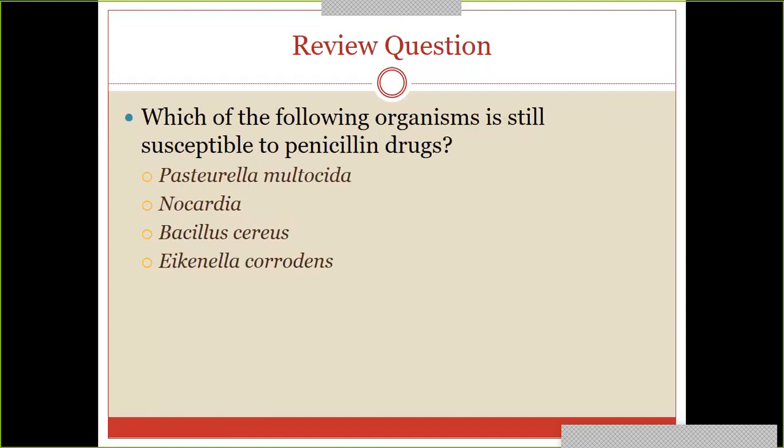Actually, Eikenella corrodens is still susceptible to penicillin as well. So in this case, there's actually 2 answers, but as far as the PowerPoint that we just went through, it would be Pasteurella. A few of the other ones that we mentioned besides Pasteurella are also Erysipelothrix and Bacillus anthracis, which were all still susceptible to penicillin.